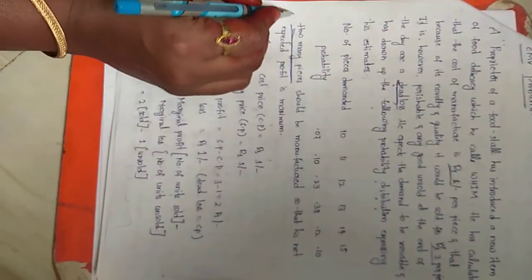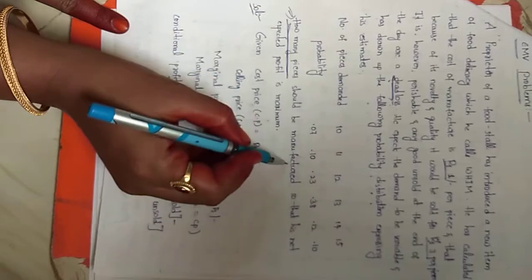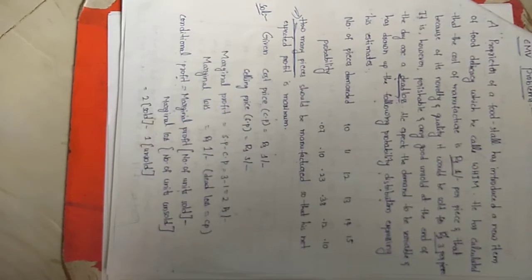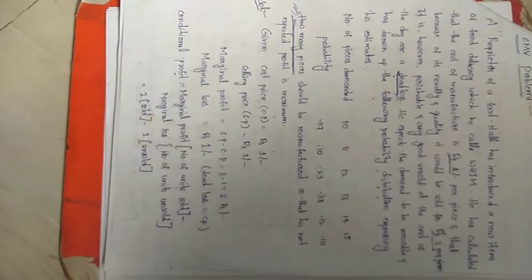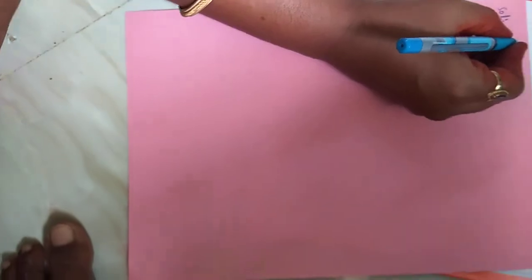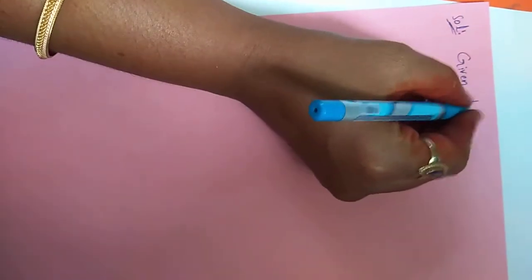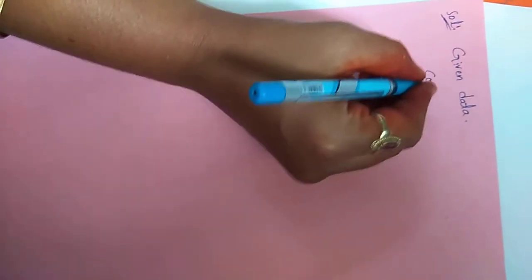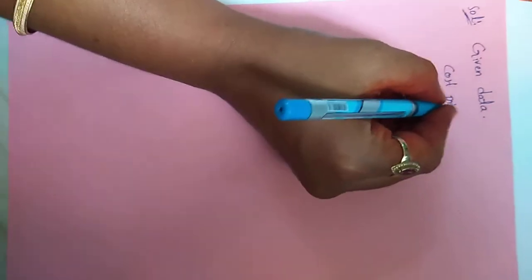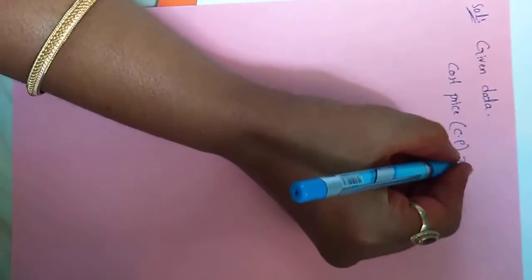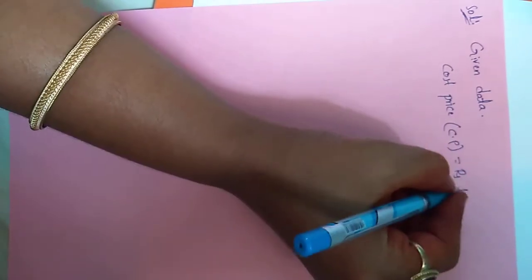So the given problem is how many pieces should be manufactured by the proprietor. Okay, so given data: cost price, which we represent as CP, is rupees 1.